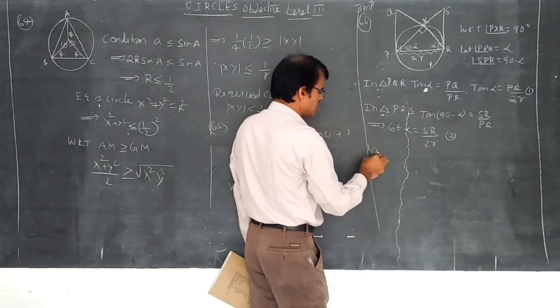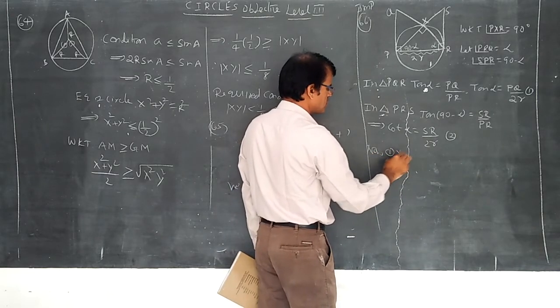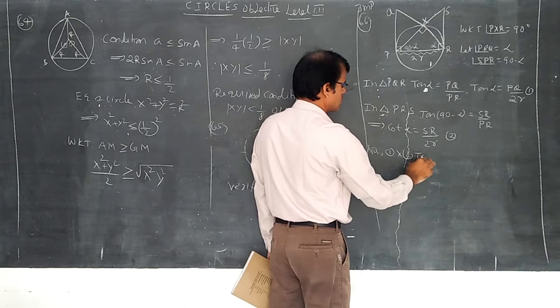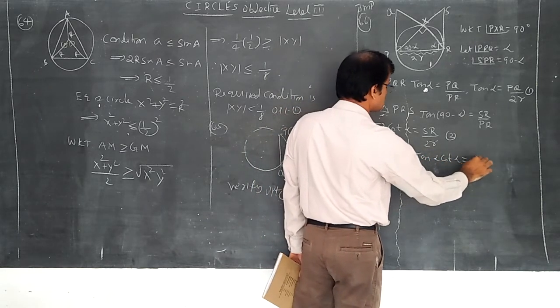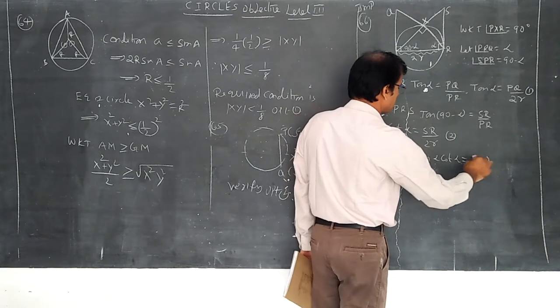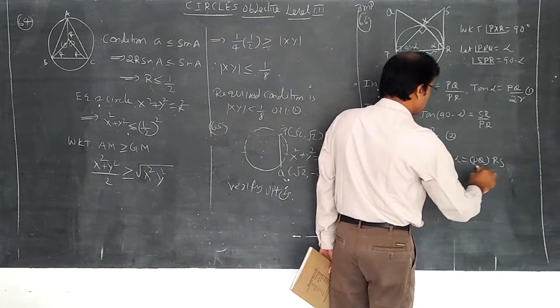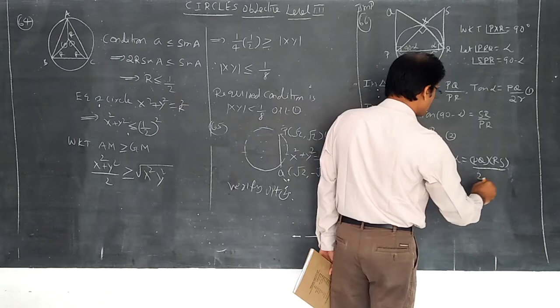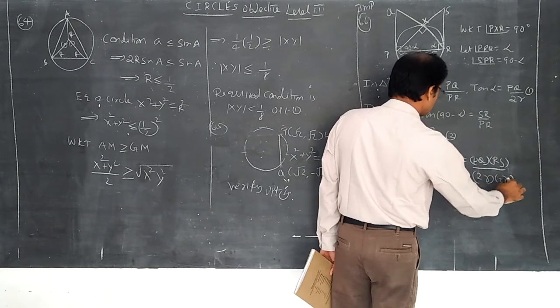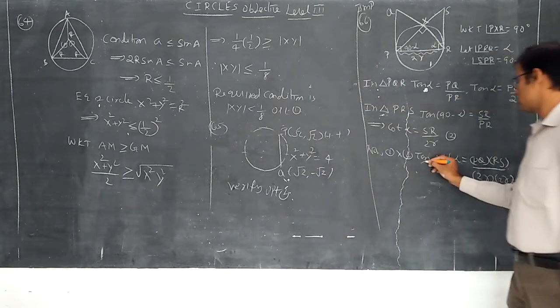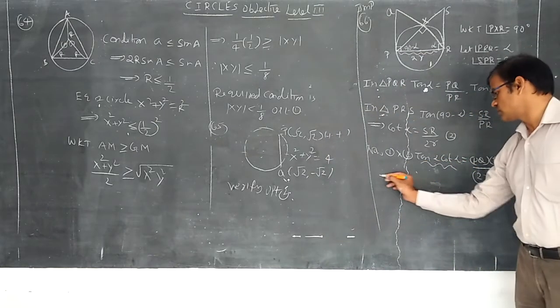Now we can multiply the first equation with the second equation. We can say here tan alpha into cot alpha is equal to PQ into RS by 2R into 2R, so 2R whole square. Tan alpha into cot alpha is equal to 1, everyone knows that.